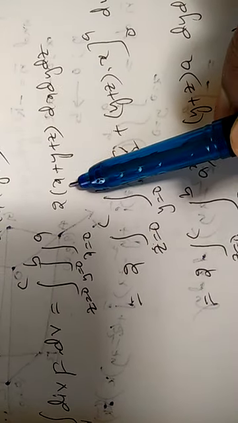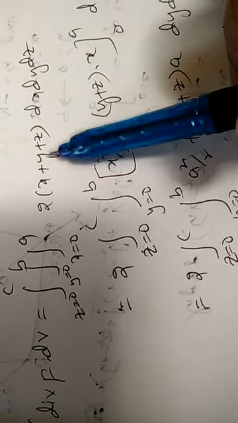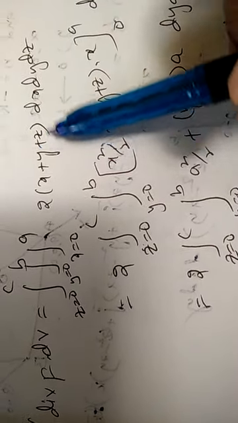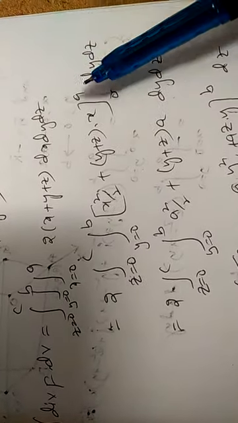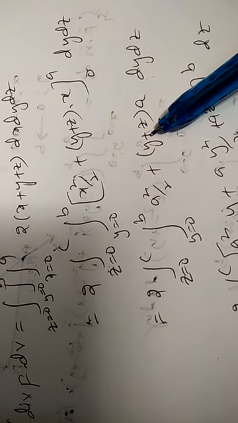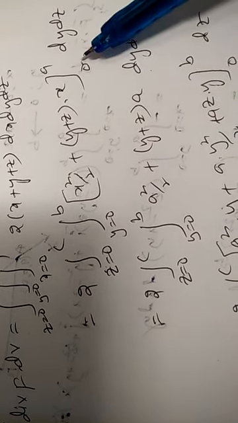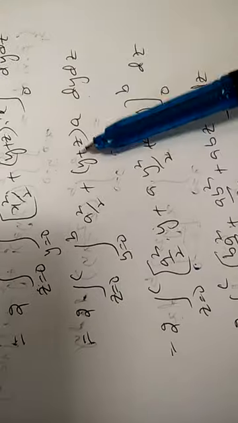The 2 is a constant outside. The integral with respect to x gives x square by 2, and the rest are constants times x, from 0 to a. Now apply the limits: a square by 2 plus (y plus z) into a. The lower limit is 0, no need to write it.